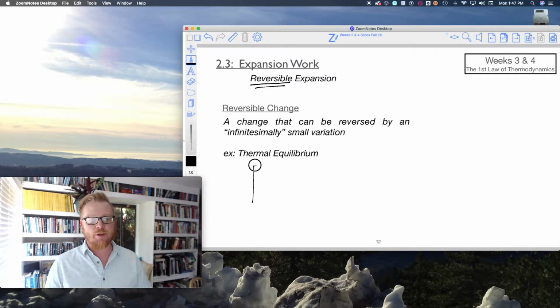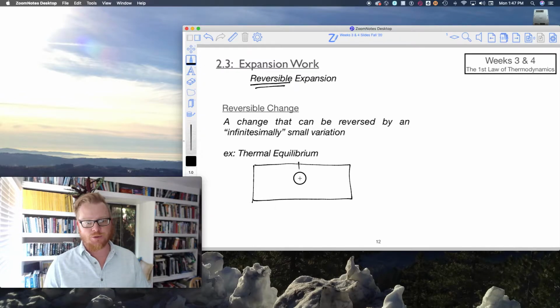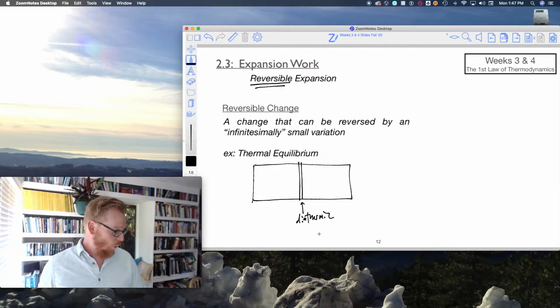A good example of this is thermal equilibrium. Suppose I have two chambers separated by a diathermic wall.